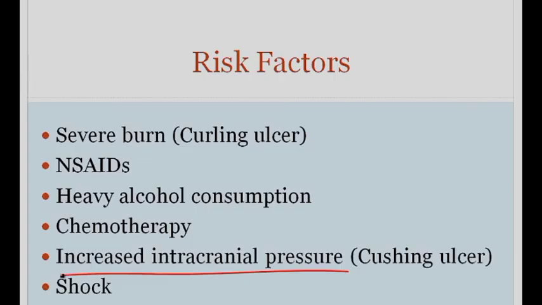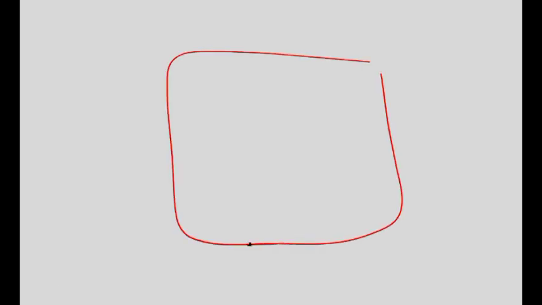Let's just go back and remind ourselves of a couple of very simple but important points. Remember that the cell in the stomach that makes the acid is called the parietal cell. That's one important point. And the parietal cell has three important receptors that can help to regulate the amount of acid that's produced.